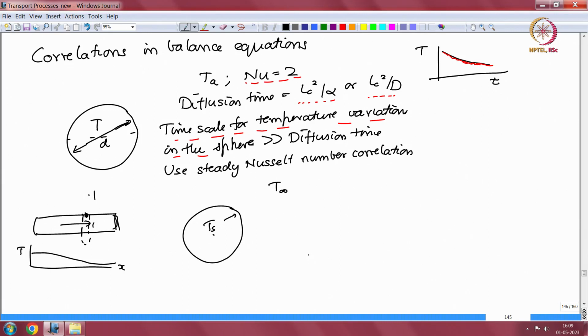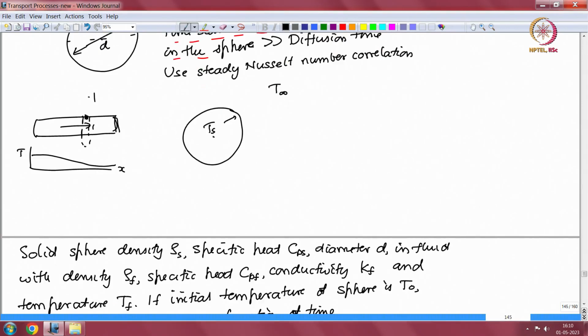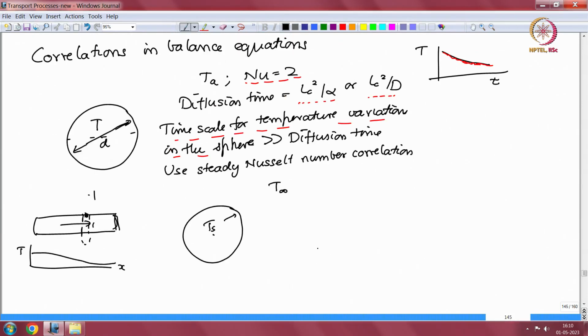So long as that diffusion time is much smaller than the time for variation of temperature, then the time taken to establish the steady state, which is the diffusion time, is much smaller than the time scale for variation, and therefore we can assume that the temperature field around the sphere is at steady state, and use the correlation, that is Nusselt number is equal to 2 or Sherwood number is equal to 2, for example.